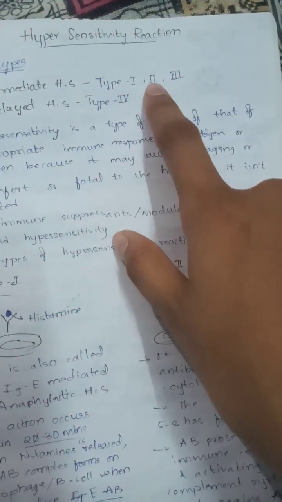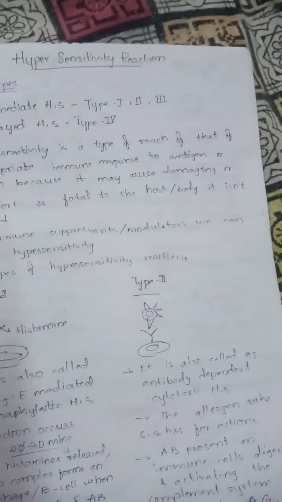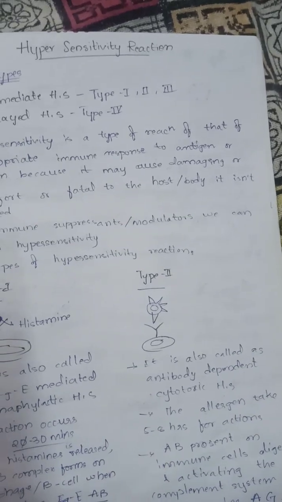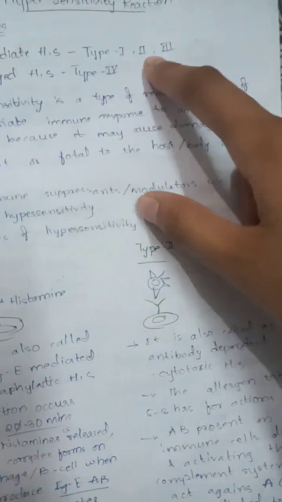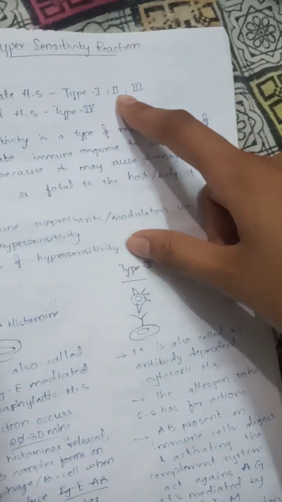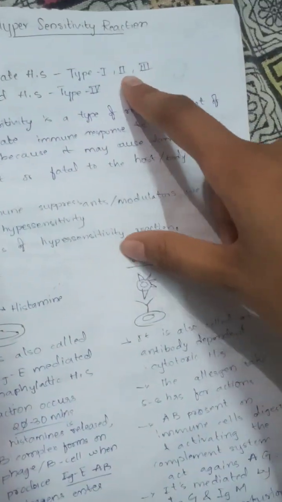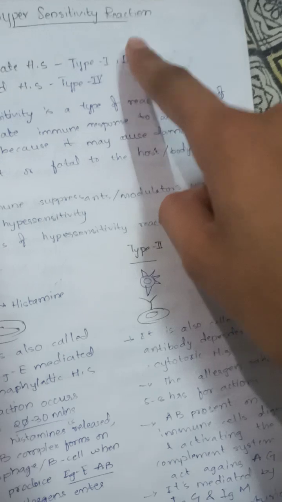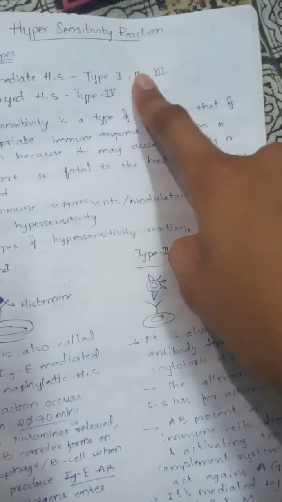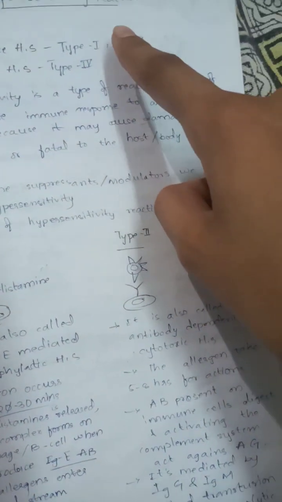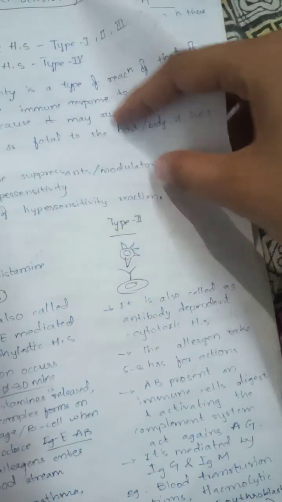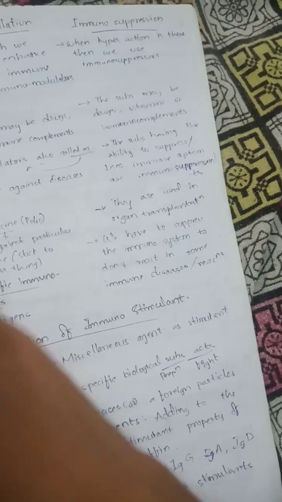And type 2 takes 5 to 8 hours to take action. It is mediated by IgG and IgM. The examples are blood transfusion, hemolytic anemia, erythroblastosis fetalis. And type 3 takes 2 to 8 hours to take action.